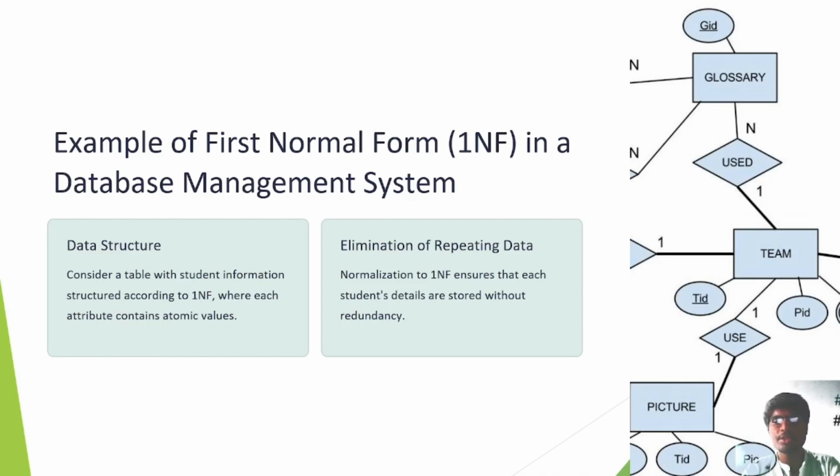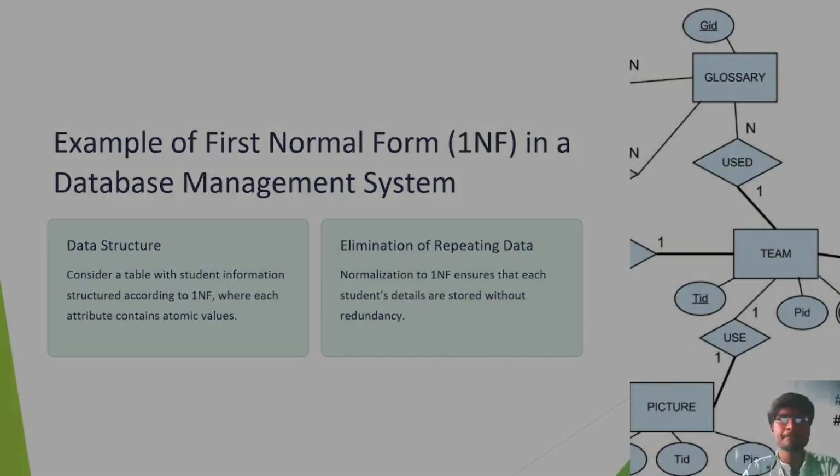And what about elimination of repeated data? Normalization to 1NF ensures that each student's details are stored without redundancy. It means in a table or relation, each student has a unique ID, and whenever we retrieve the data, there will be no repetition of the same student. That's what they are trying to say.